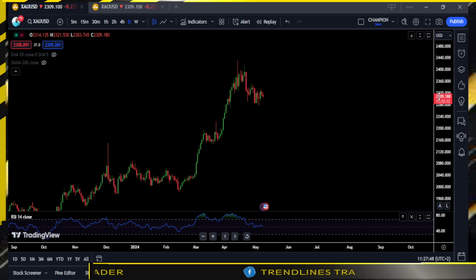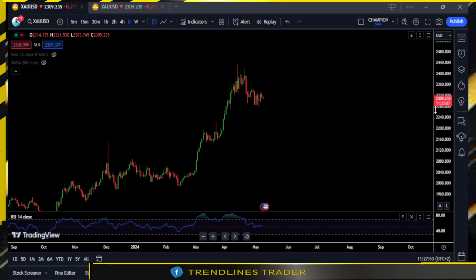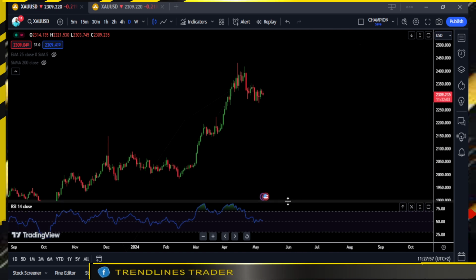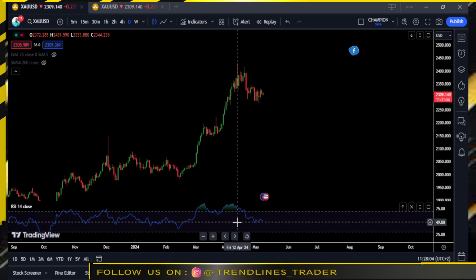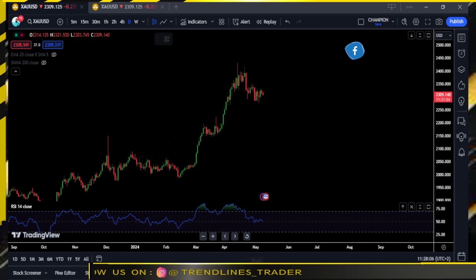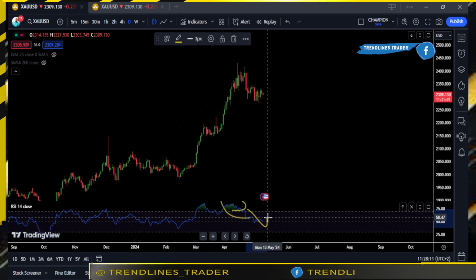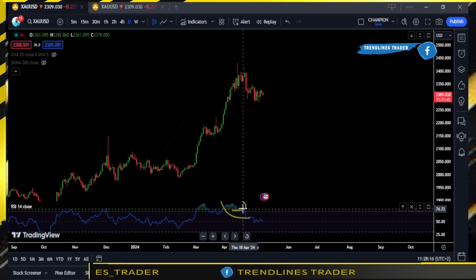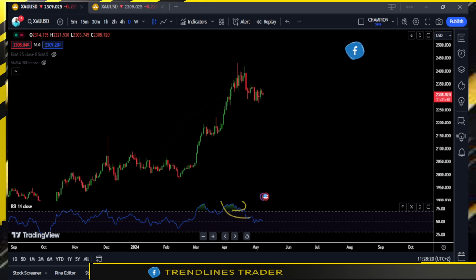The price has been dropping for the past few days. Remember that I'm using RSI as my indicator, so it has been reflecting that the price was overbought, and then it was dropping towards the selling area.